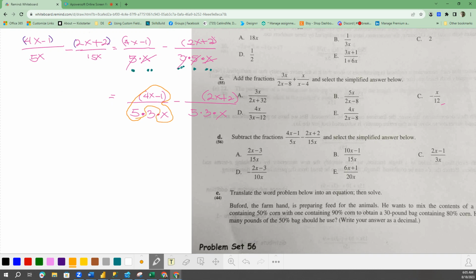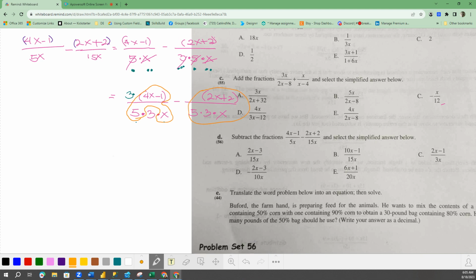So that means I need to multiply the top here by 3. The 5 and x are the only ones at the bottom, but now I have a 3, so therefore I need to multiply the top by 3. Now, the second one, they're exactly the same, so you don't have to multiply anything.